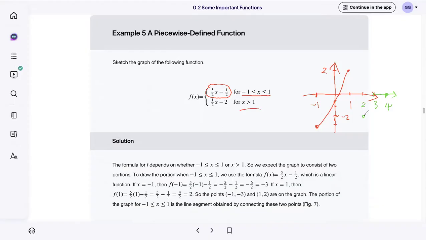Then we're going to connect those two points. This keeps going. So that's the graph of this piecewise function. You see two pieces. In this case, we have two pieces because the domain is being separated into two intervals. One interval is from -1 to 1, and the other is from 1 up to infinity.